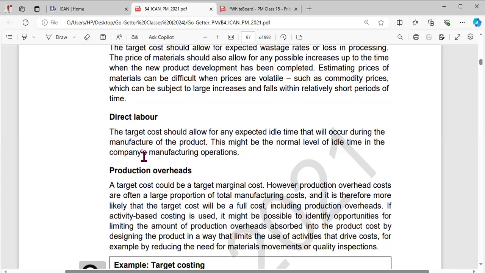Then direct labor. The target cost should allow for any expected idle time that will occur during the manufacture of the product. This might be the normal level of idle time in a company's manufacturing operation. So sometimes we have idle time and productive time, and idle time is being paid for. Sometimes this idle time is not their own fault, like waiting for materials to come.